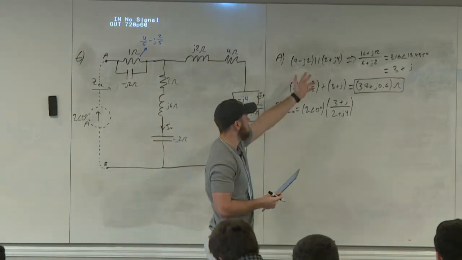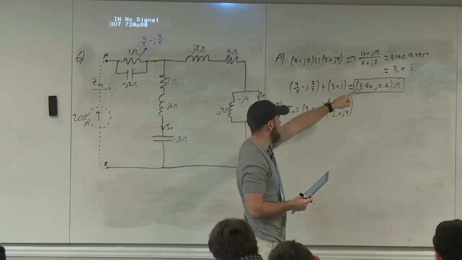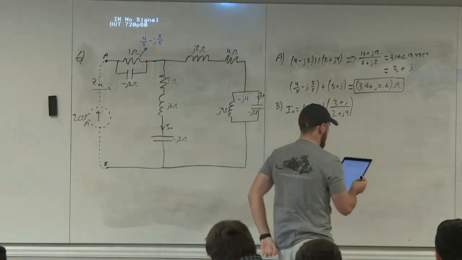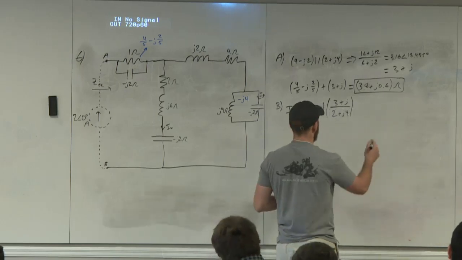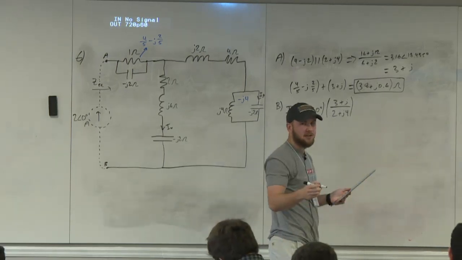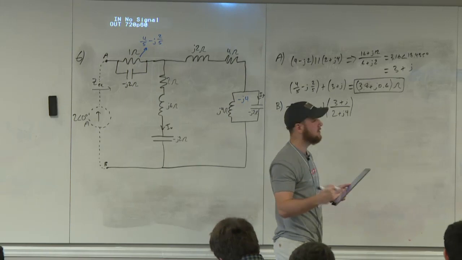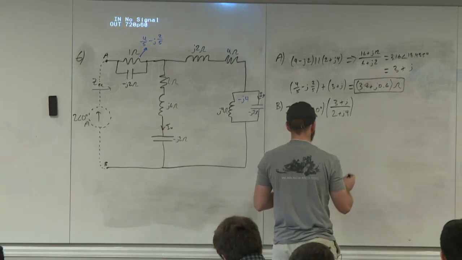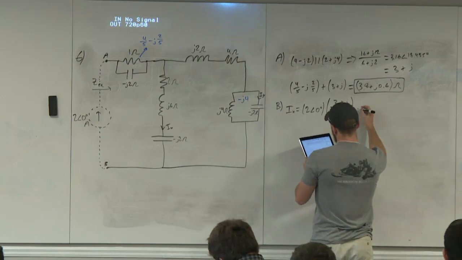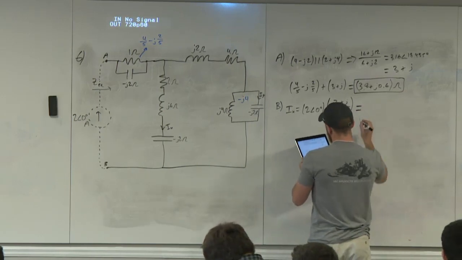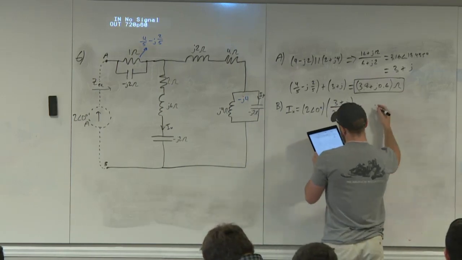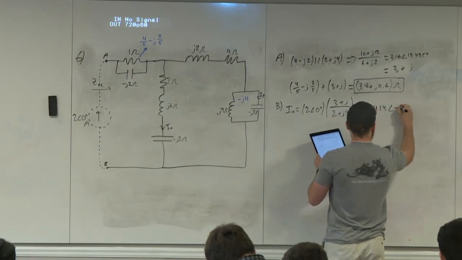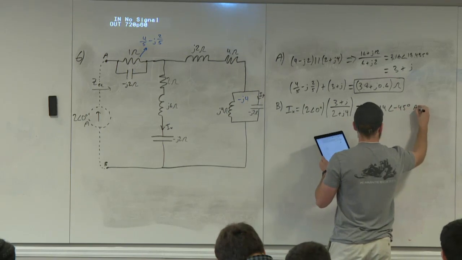Because we simplified it into different things, we can just look up, there's our value, plug it in, and use that rather than having to figure out from one formula where that 3 plus j is, if that makes any sense. So this ends up getting you 1.414 angle negative 45 degrees for Ix.